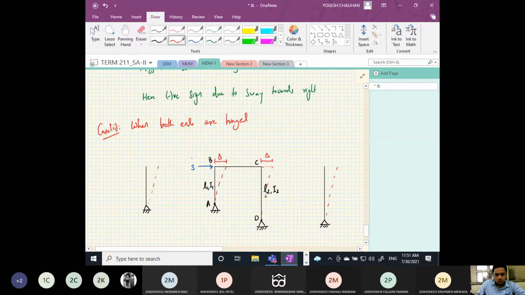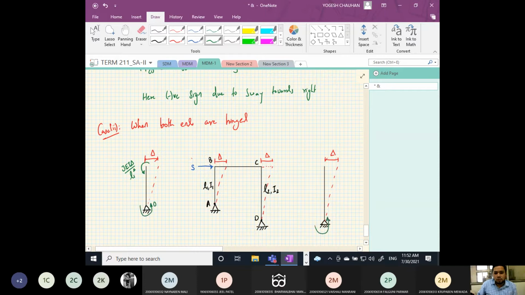Here let this be delta, this be delta. So here the moment developed in this member will be 3EI1 delta by L1 square, and moment here will be 0 because it is hinge support.